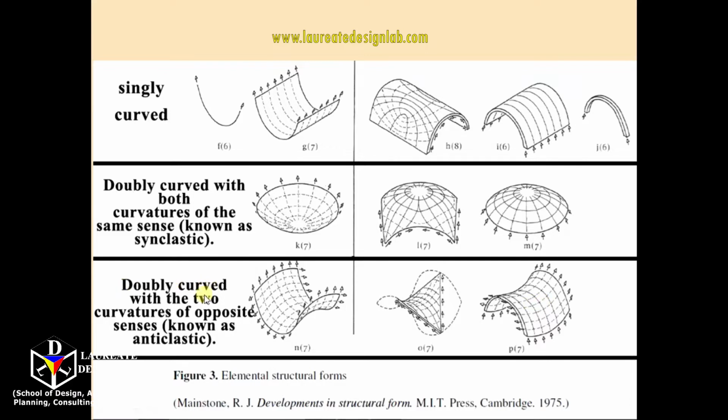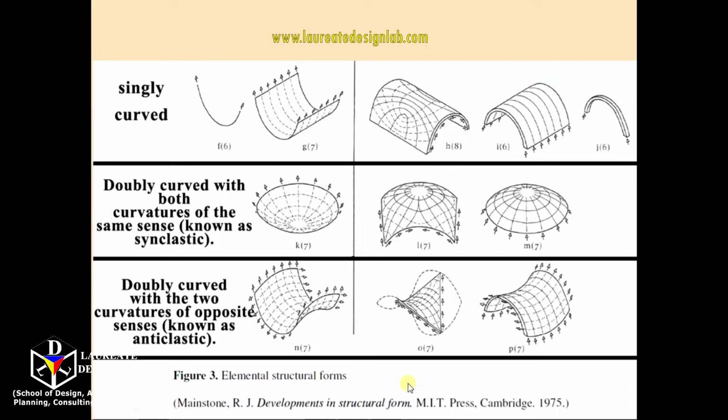That is why this is called doubly curved. So altogether, the curvilinear geometry can be simplified in such a way that you can call it singly curved or doubly curved. In doubly curved you have synclastic and then you have anticlastic.